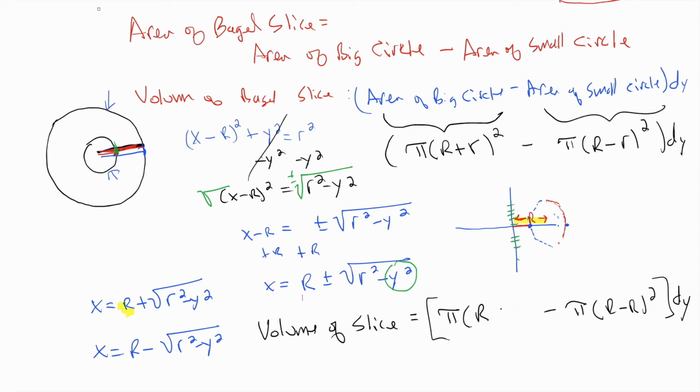Big R plus root r squared minus y squared, minus pi times big R again, minus the dynamically changing radius that would allow us to get the area of the hole, root r squared minus y squared, times dy, which is the height of the bagel slice.